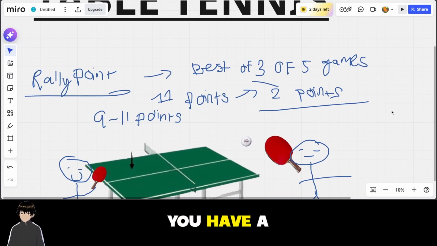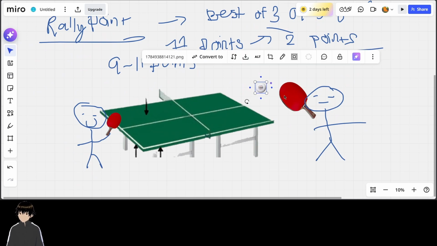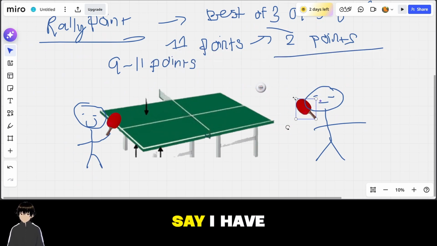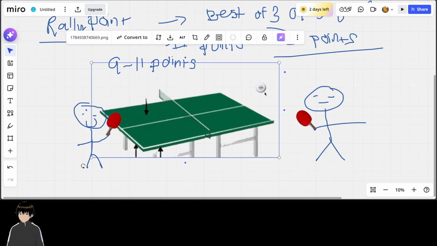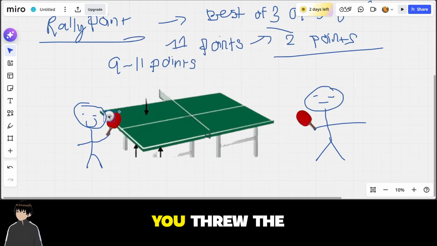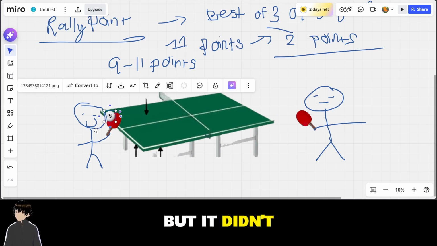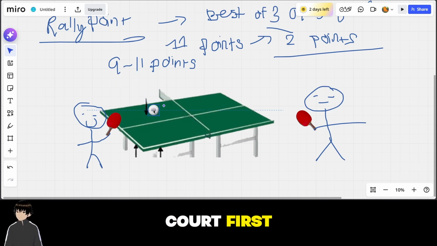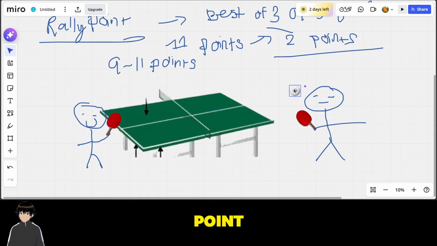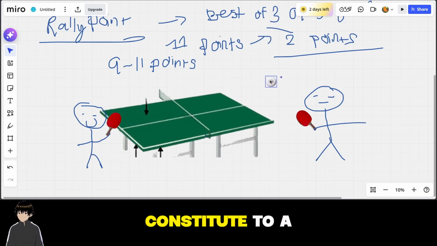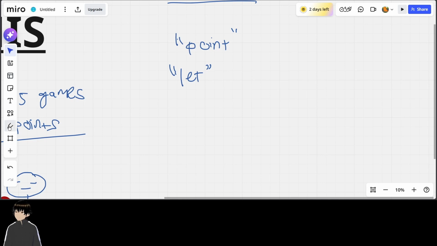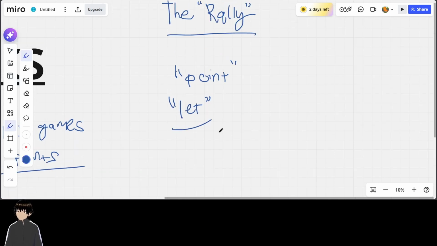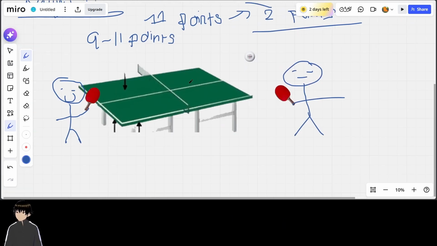Let's say you have a situation like this. You threw the ball, but it didn't land on your court first. It just went straight to the opponent. That's going to constitute a let.